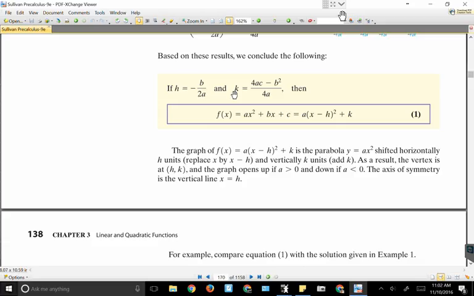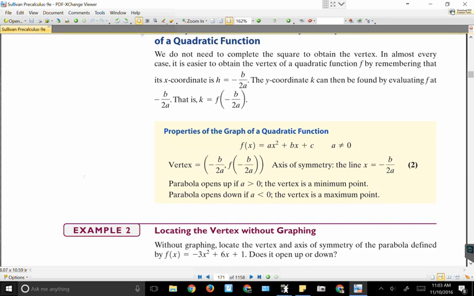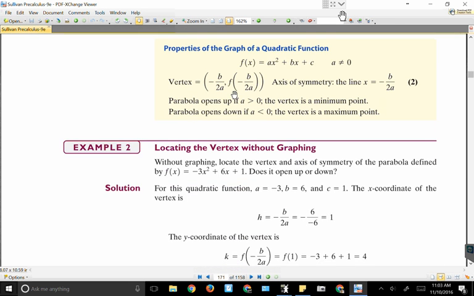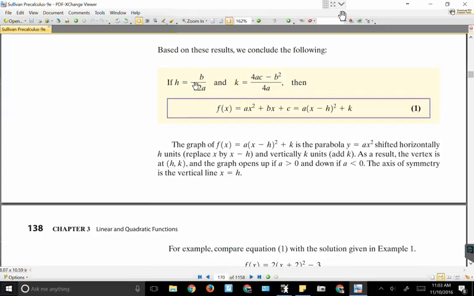I don't see very many hands up. So, unless you want to complete the square, here's this. Handy thing to have. Properties of the graph of a quadratic. Okay, vertex is always going to be at these things. Now, you will notice h is equal to negative b over 2a.